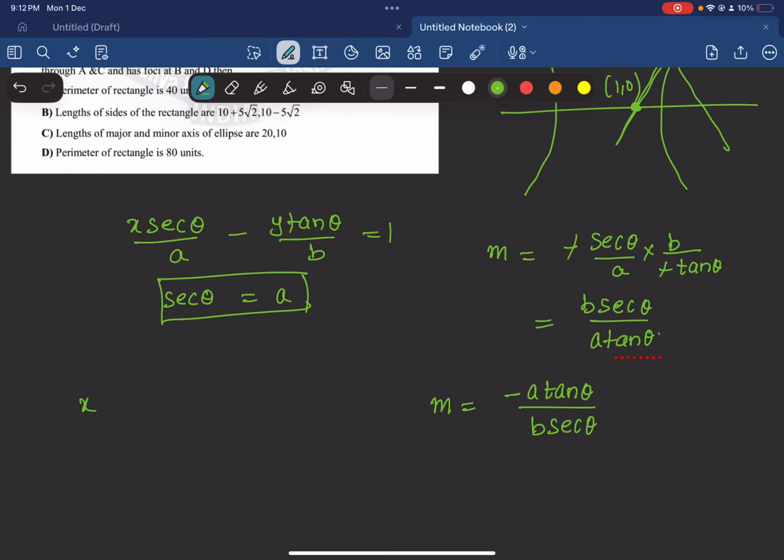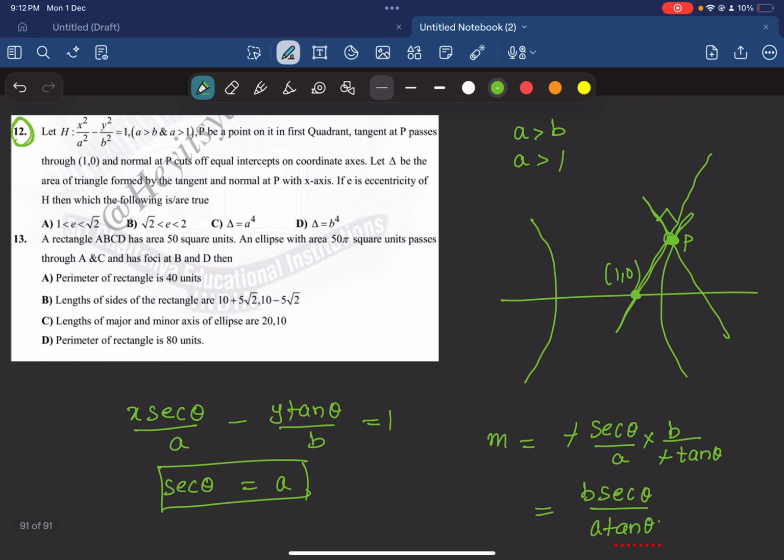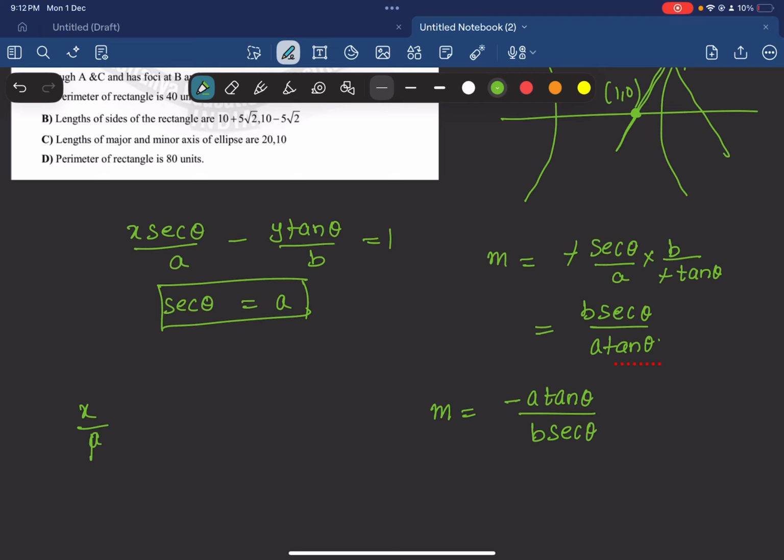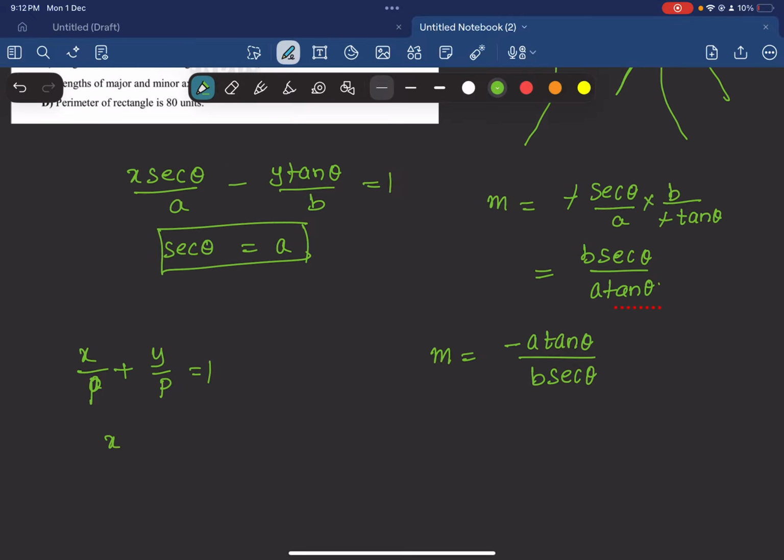So let us say it is given that the normal cuts equal intercepts on coordinate axis. So then we can write x by p plus y by p is equal to 1 as the normal equation. So this is simply x plus y is equal to p. From here you get slope of normal is equal to minus 1. So these two quantities are equal. Therefore A tan theta is equal to B secant theta.